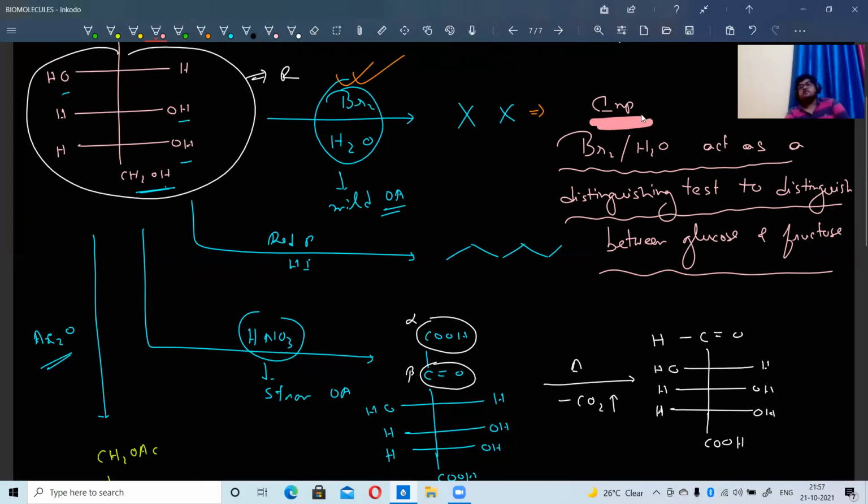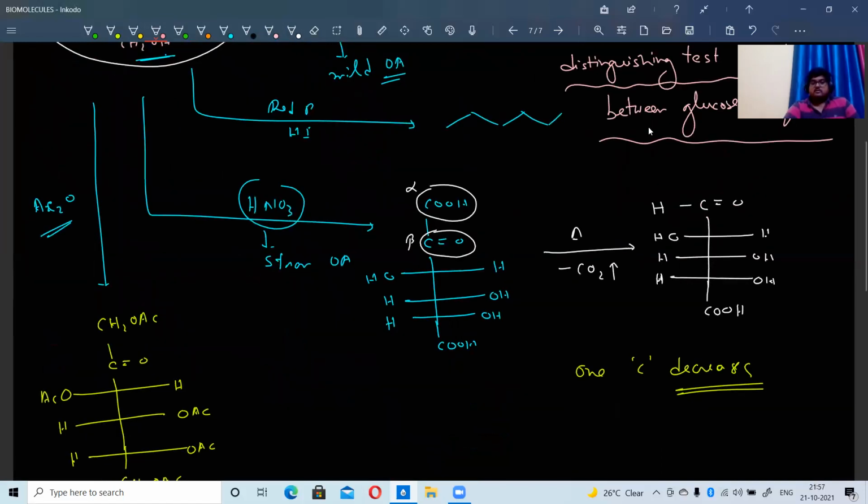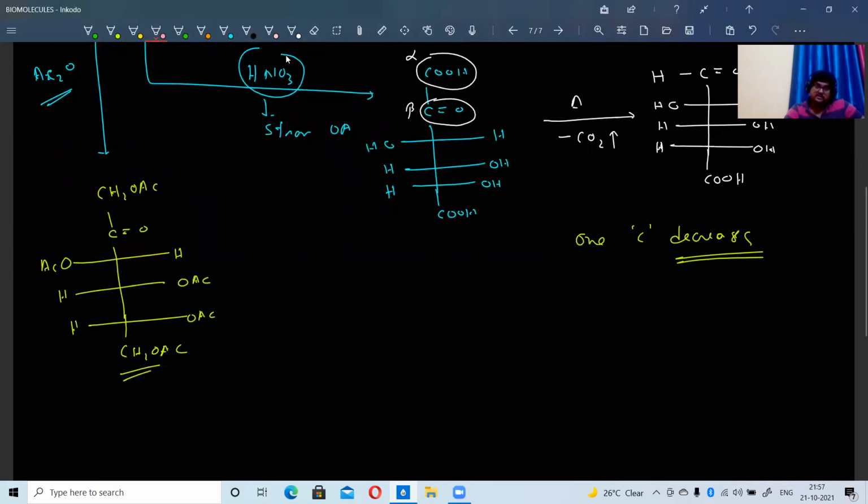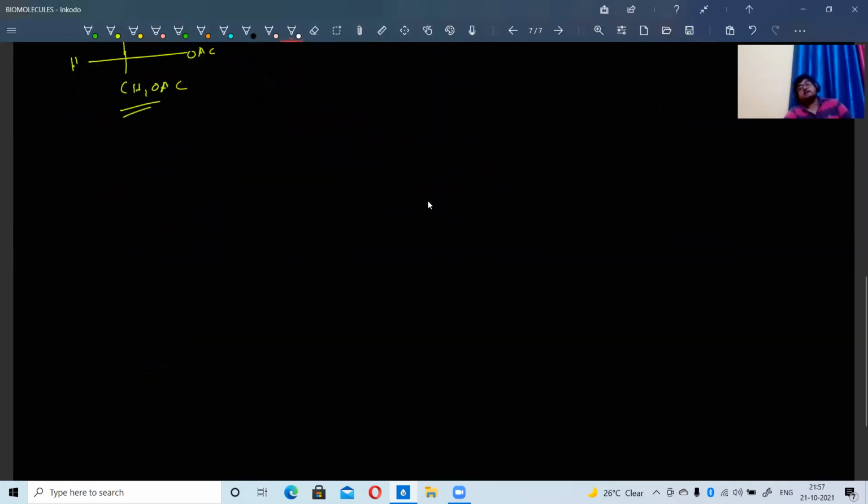Do you have any doubt? Is this stuff clear? So definitely in some cases fructose reactions do not take place. Here also a cyclic structure of fructose is possible, like glucose.